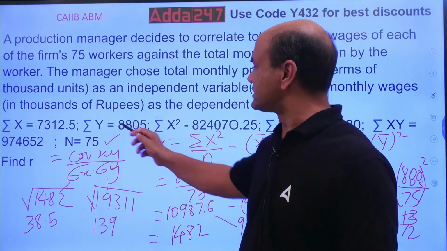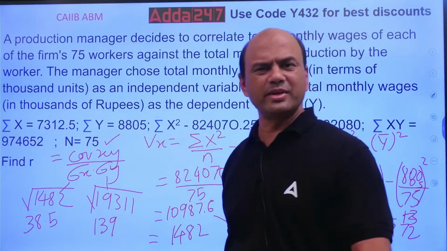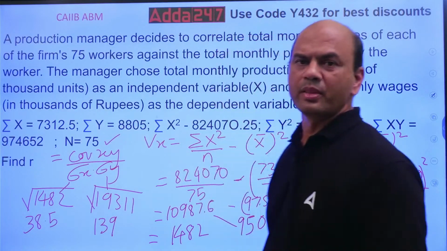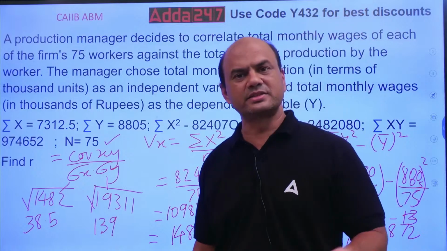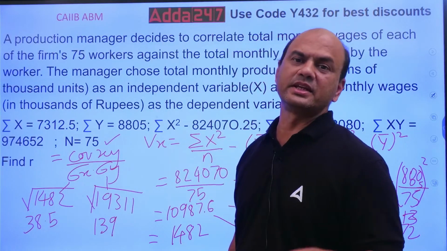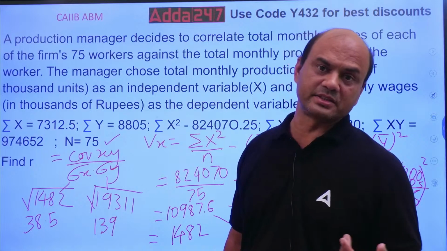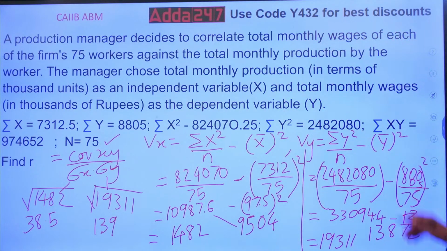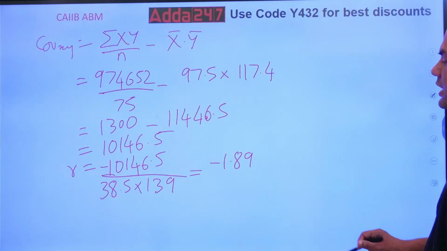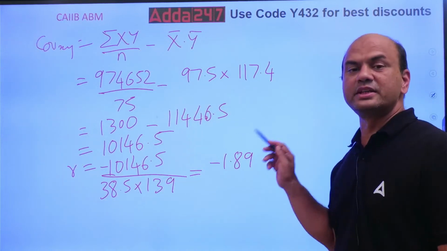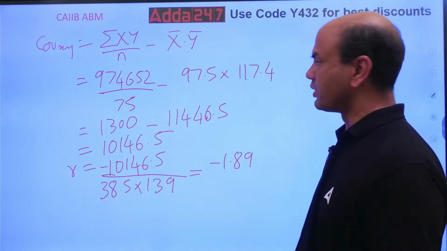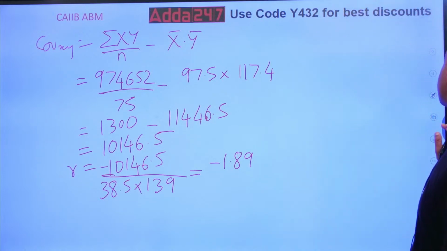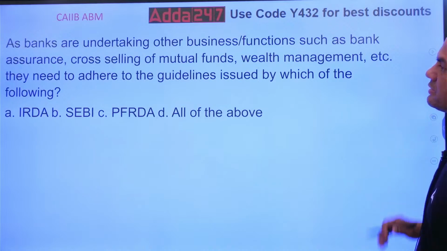But if the figures change, then the answer can be anything. Only remember, whenever it's minus, it is negatively correlated. Whenever it's plus, it is positively correlated. Got it? So you are getting minus 1.89, so it is negatively correlated. Got it? Everyone? Next.